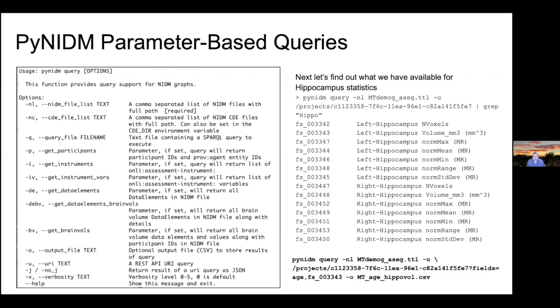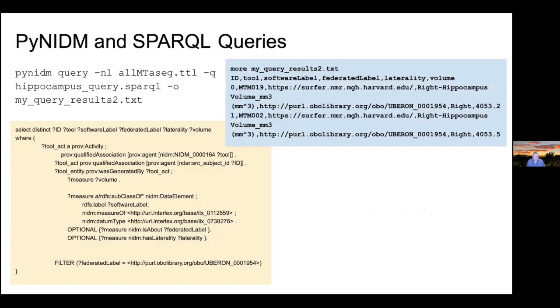But if you're really looking to do some very specific queries, you can then go into the SPARQL itself. And so to run, for example, the prior query that we went over, you can do that in a straightforward way with PyNIDM, where you run a query. Again, you run it on a single TTL file. I mean, this could also be multiple TTL files.